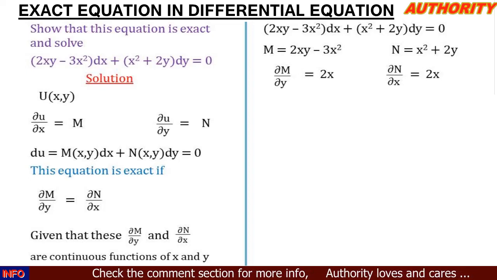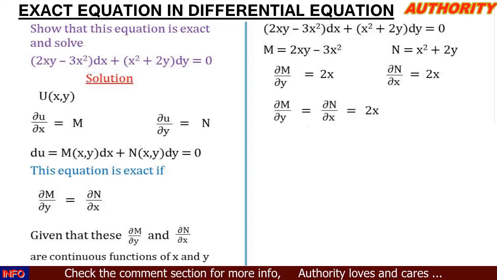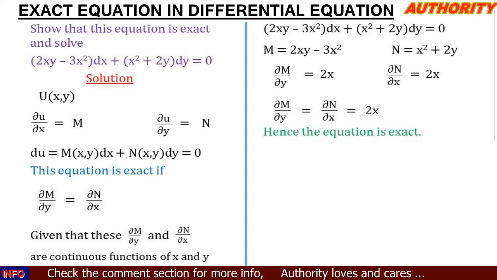So the partial derivative of n with respect to x is equal to 2x, and the partial derivative of m with respect to y is equal to 2x. So the partial derivative of m with respect to y is equal to the partial derivative of n with respect to x, equal to 2x. Hence, the equation is exact.